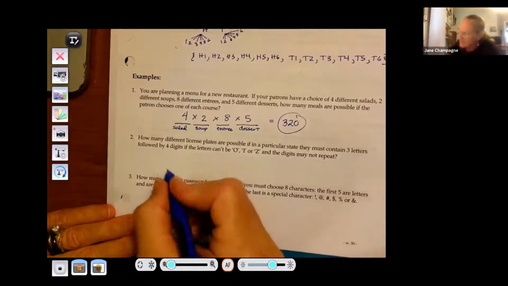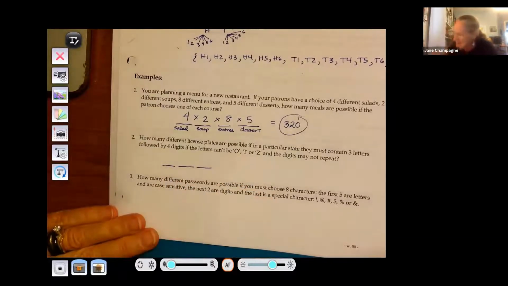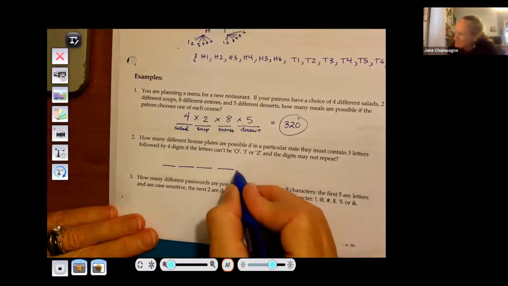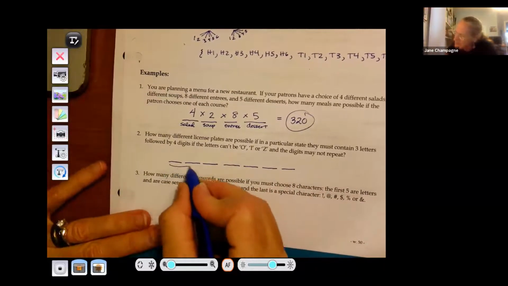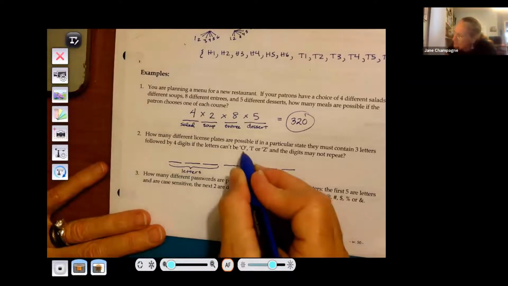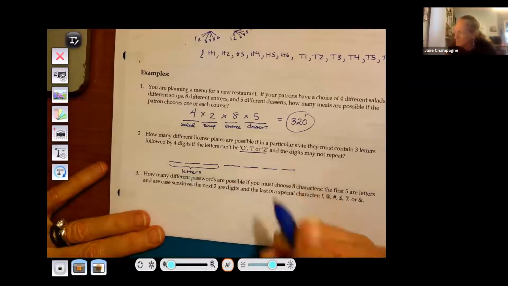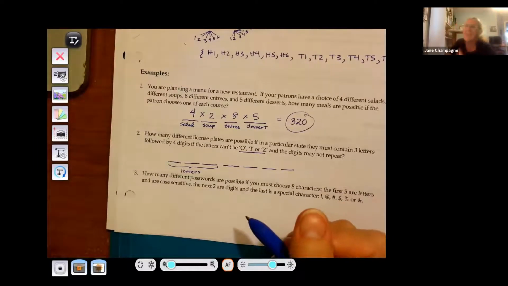We've got 3 letters, 1, 2, 3, and 4 digits, 1, 2, 3, 4. Okay, so these are the letters, and they can't be O, I, or Z. All right, so you've got to remember how many letters are in the alphabet.